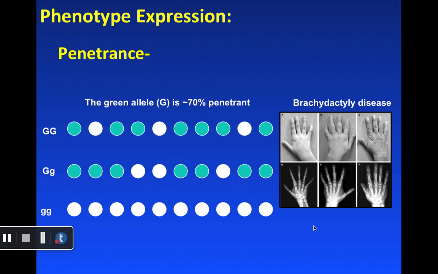A few other concepts to round out this chapter. Variation in which phenotypes can be expressed. So first of all, the idea of penetrance.